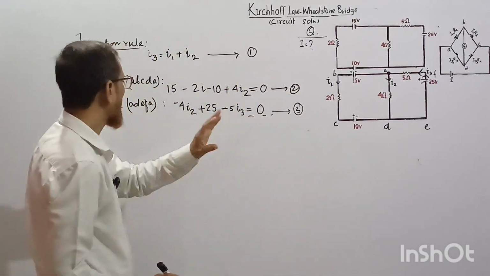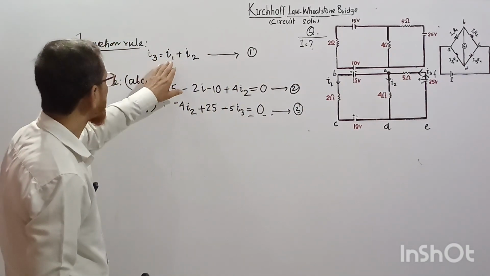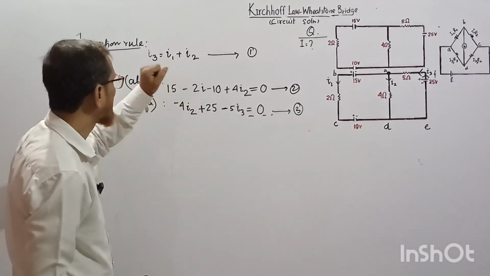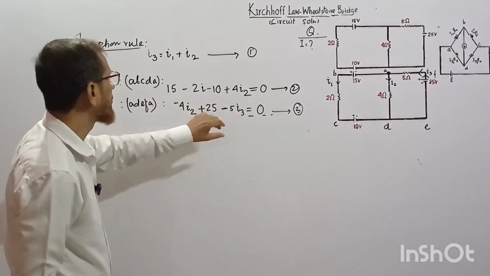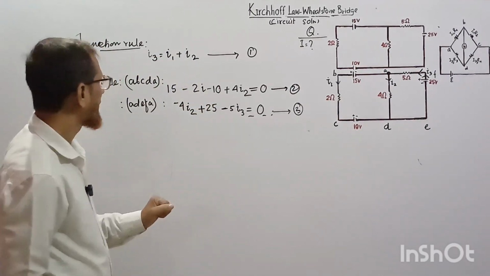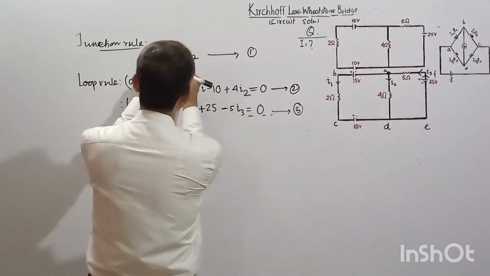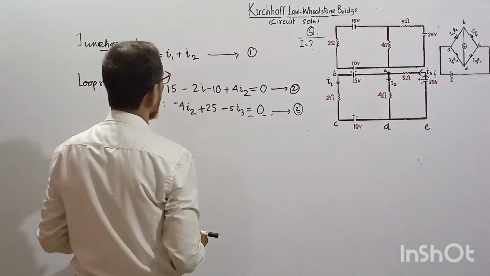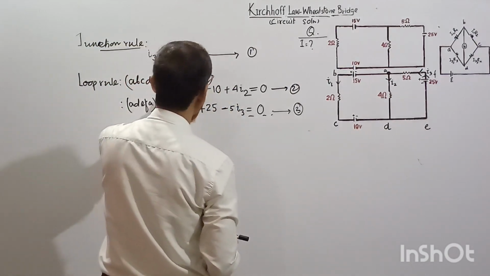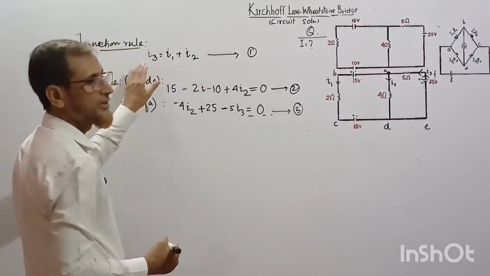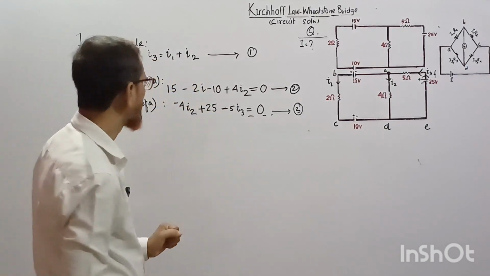Now, so far as our knowledge is concerned, we are concerned with I1 and I2. So out of these two, we will find I1 and I2. First we will try to find I1 and then I2. We will place these two. This is simple algebraic calculation.